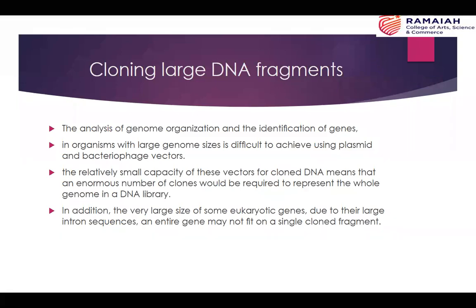So when you develop these DNA libraries, if you use vectors with smaller capacity, you may have to construct an enormous number of clones in order to represent that genome as a library. As the number of clones increases, the labor increases, and the whole process becomes cumbersome. So that is another reason people started looking for vectors that can accommodate larger fragments of DNA.